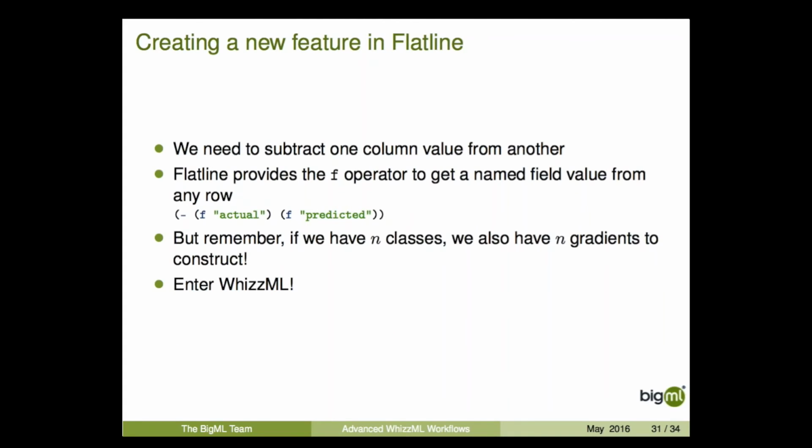And as I mentioned, each of these new features is just one of those columns in the data set. Here we're calling it actual, the true class of the point, minus the column we're going to call predicted, which is the probability of that class as given by our model. So just the difference that we were looking at in the example, the difference between those two columns.